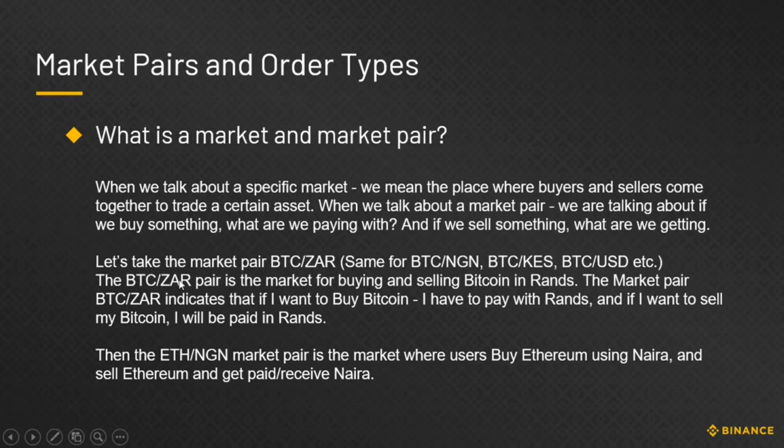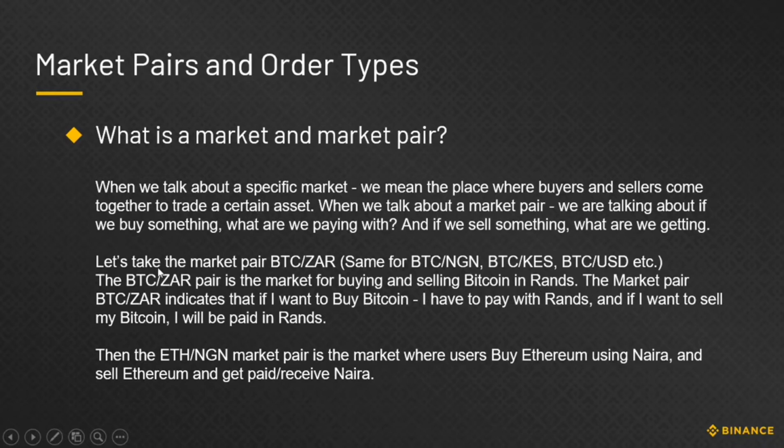So with BTC/ZAR, or other market pairs like BTC/NGN, they are buying and selling Bitcoin using rands. In the BTC/NGN pair, we are buying and selling Bitcoin using Naira. For USD, we are buying and selling Bitcoin using US dollars. That's what a market pair means. If you want to buy Bitcoin in this pair, you pay with rands.